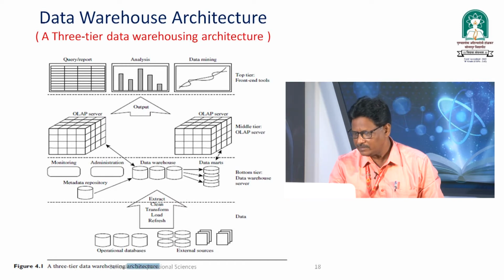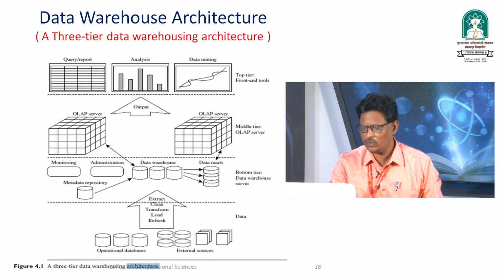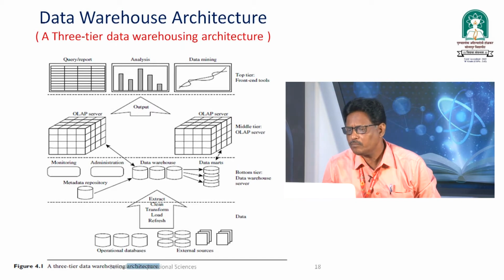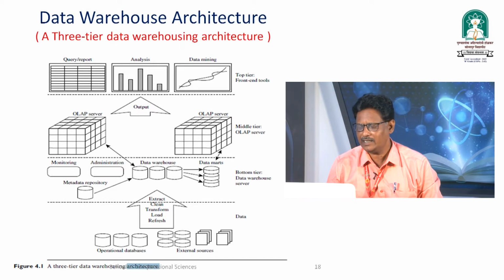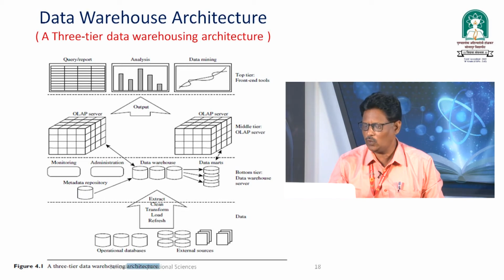Before explaining the entire structure, I will focus on the backend tools and utilities. In the figure, below the bottom tier there is an arrow, where you will find extract, clean, transform, load and refresh.